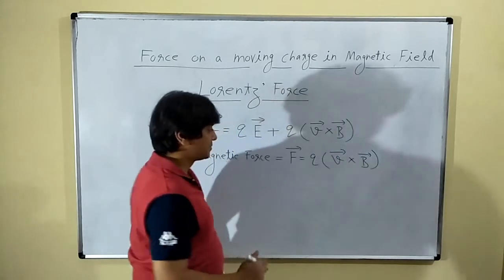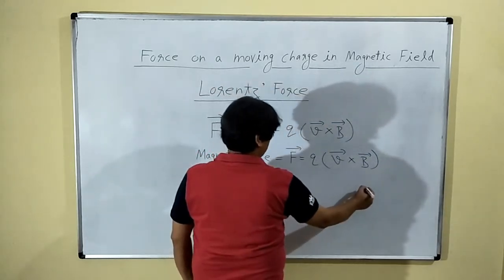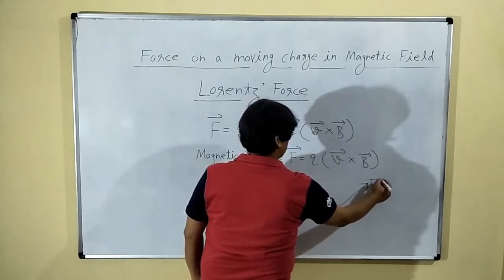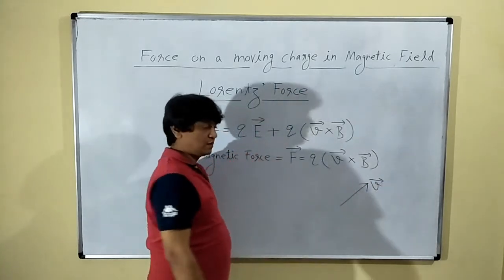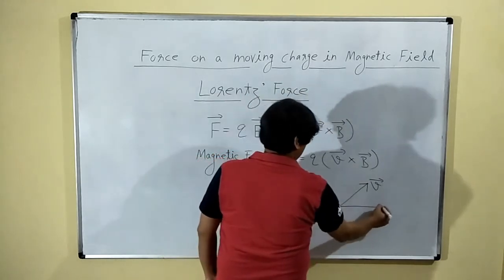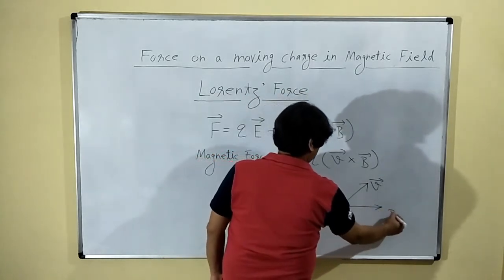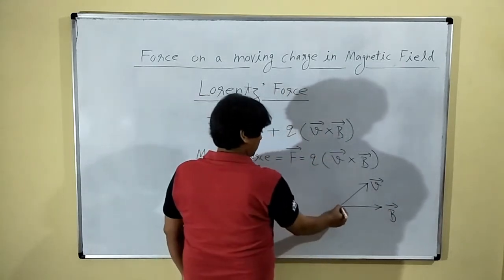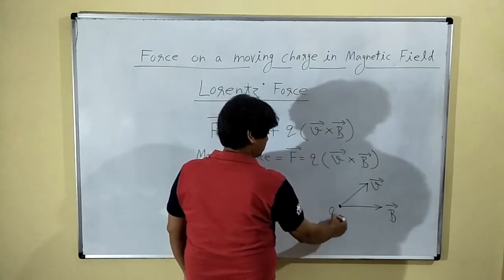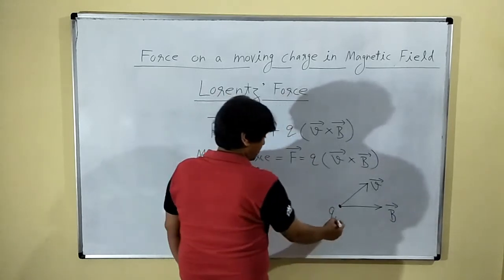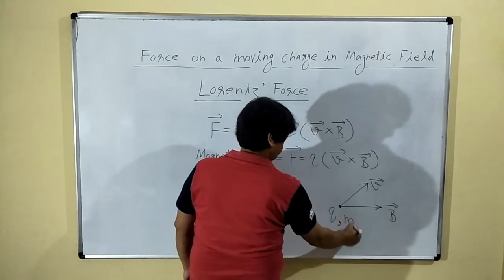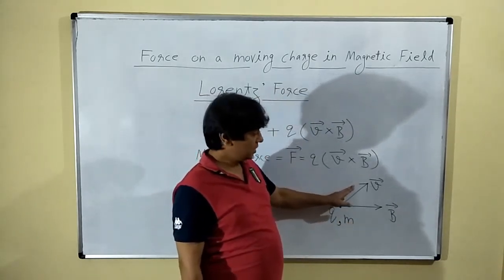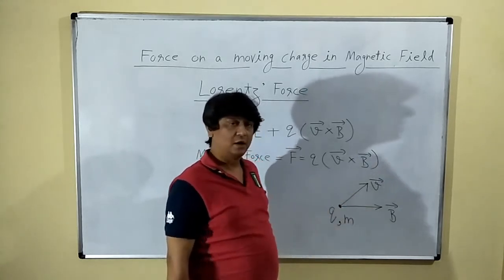Suppose we have a charge Q of mass m, and this charge Q is moving in this direction with velocity v in the presence of a magnetic field B in this direction.